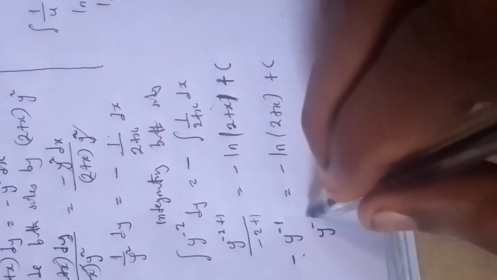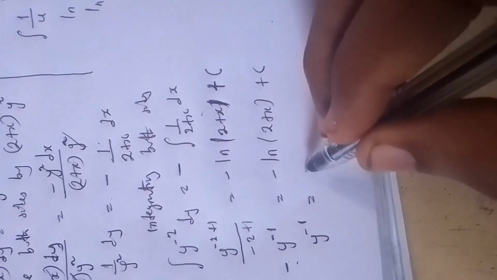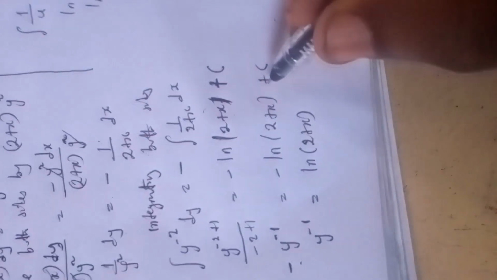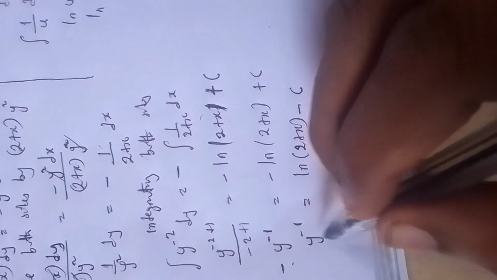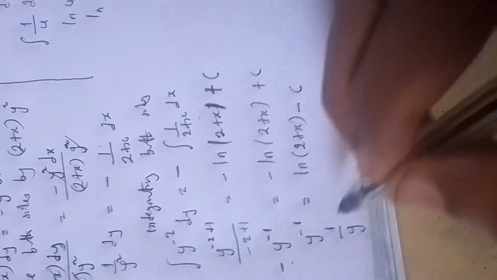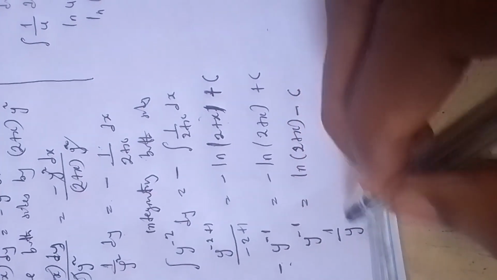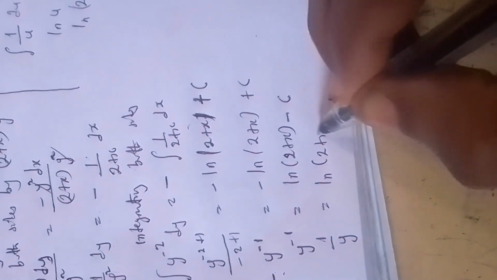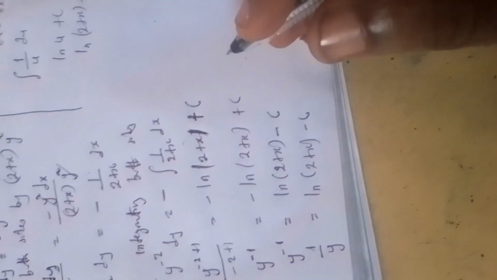So I'm going to have y to the power minus 1 is equal to ln(2 + x), and this minus will become minus c. Then I'm going to have 1 over y. If you convert this, it will be 1 over y is equal to ln(2 + x) minus c.